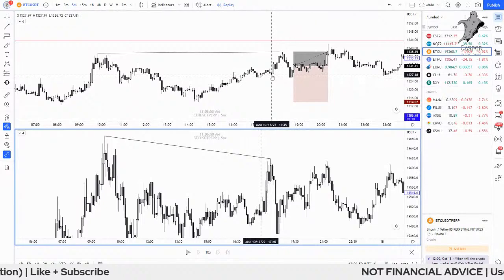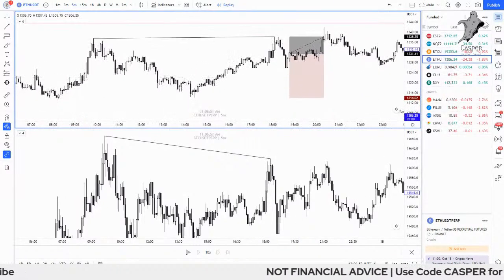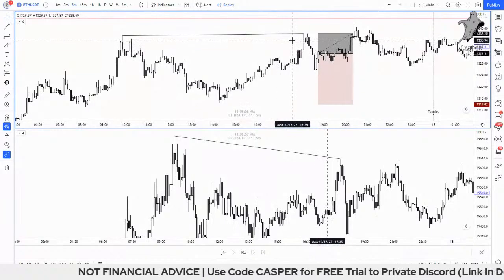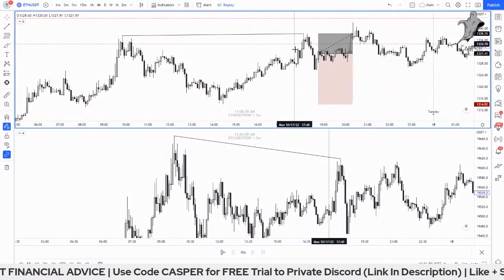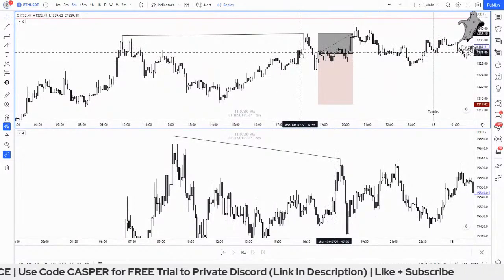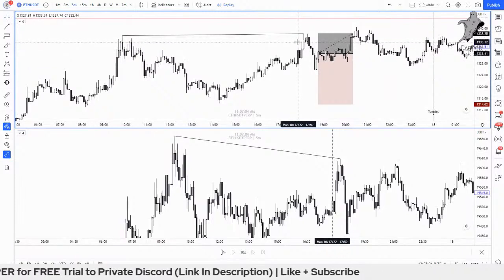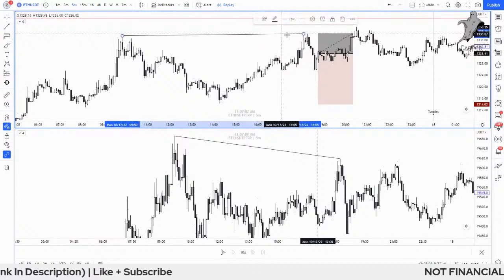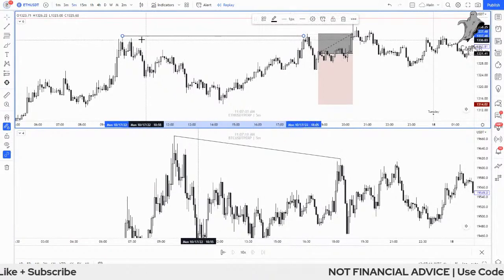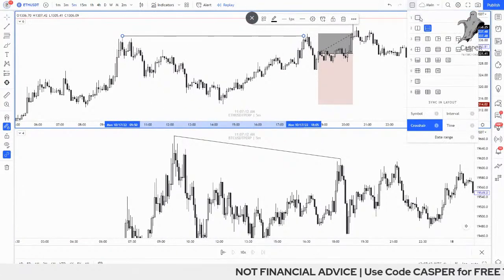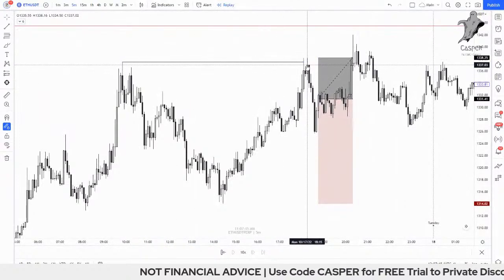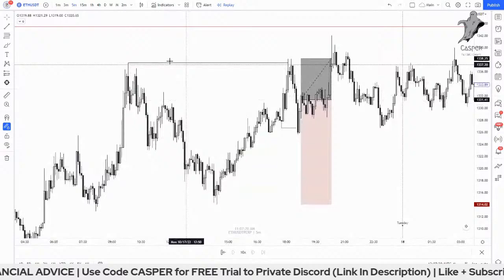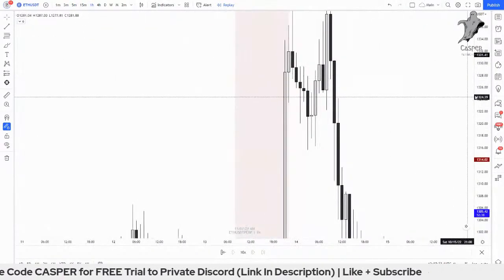So I'm not going to lie, I haven't had the greatest experience with SMT divergence in crypto. It wasn't the only confluence, but that was something that did catch my eye. It seems like I see people use it, but for me, it's been pretty inconsistent. But the main bias, or I guess framework, was we took the high, not looking at Bitcoin, and we had just taken that high and then got that 5-minute shift in structure, and price was in a premium.